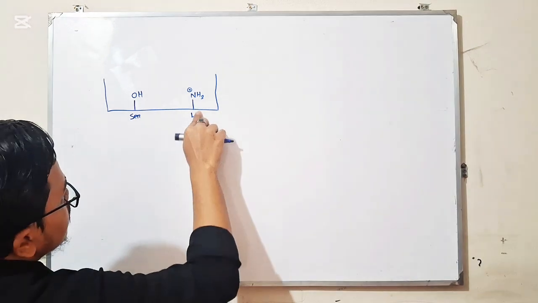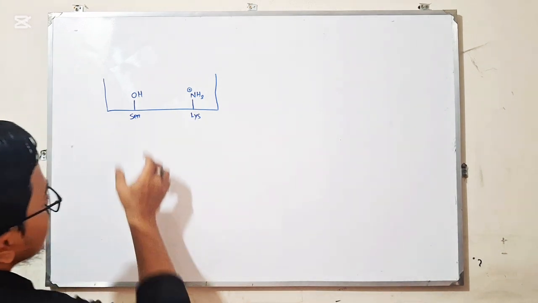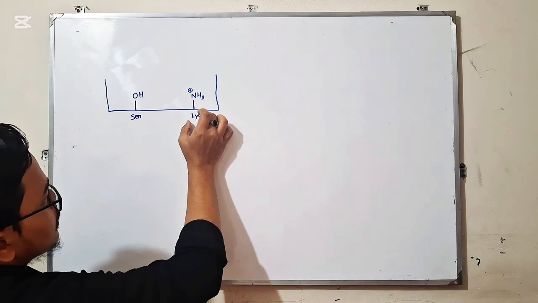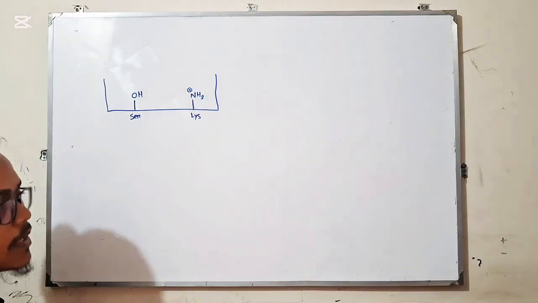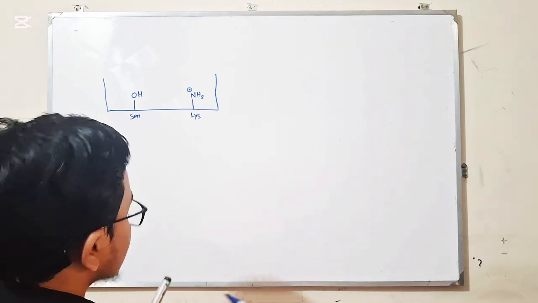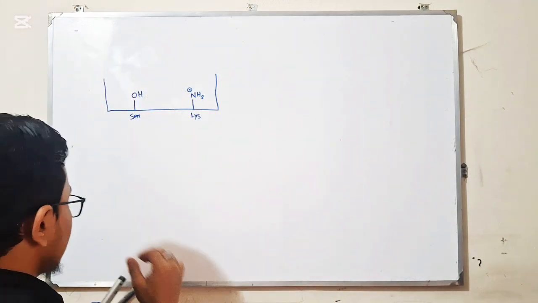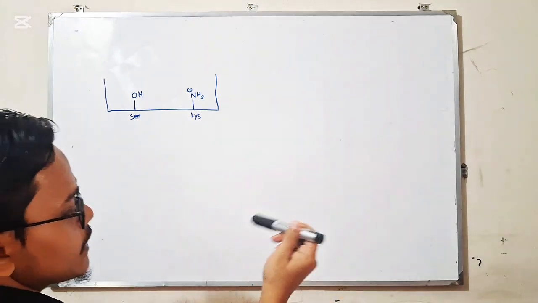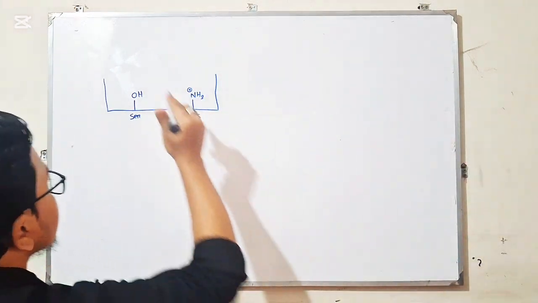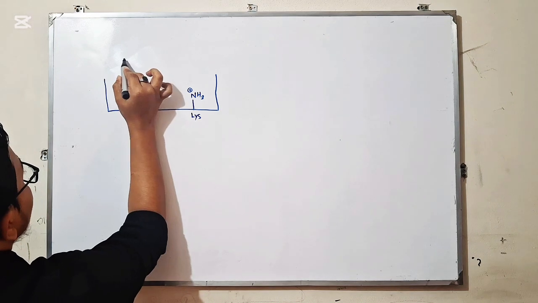The serine residue has OH on the outer side, and the lysine has ammonium, NH3 plus. So this is the transpeptidase enzyme. Let's draw the D-alanine one more time.